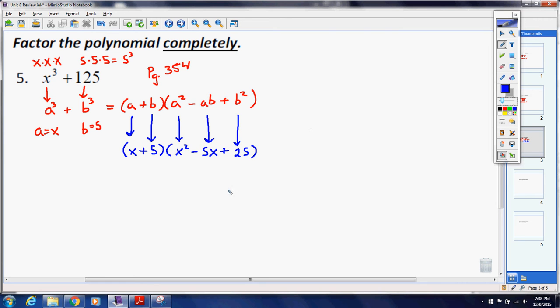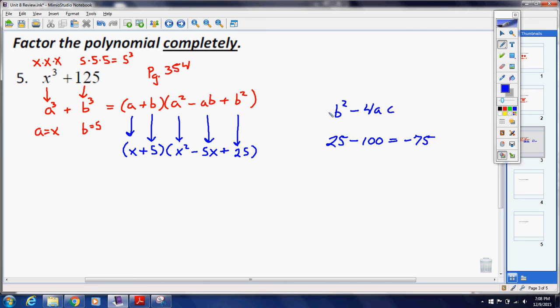We can't really use our x method on this. Let's take a look at the discriminant in the quadratic formula: b squared minus 4ac. So b squared is negative 5 times negative 5, that's 25, minus 4 times a, which is 1, times c. 4 times 25 is 100. So this is negative 75.